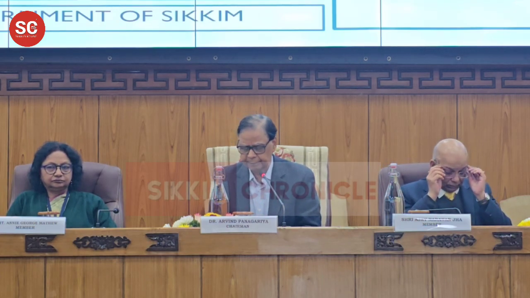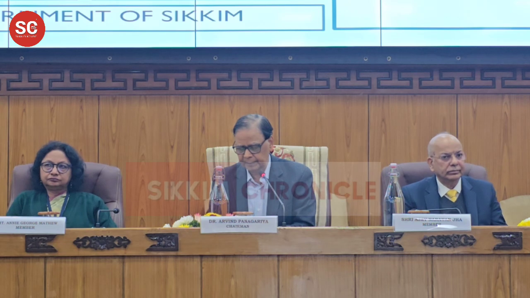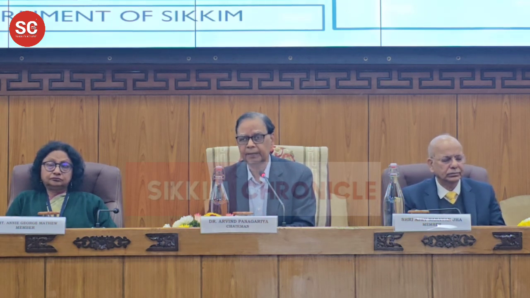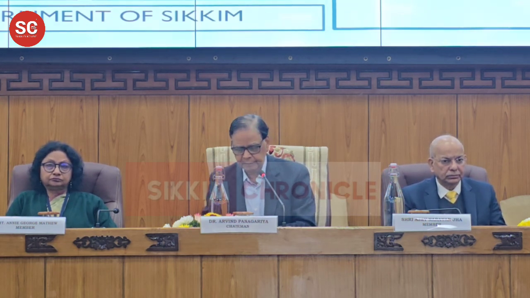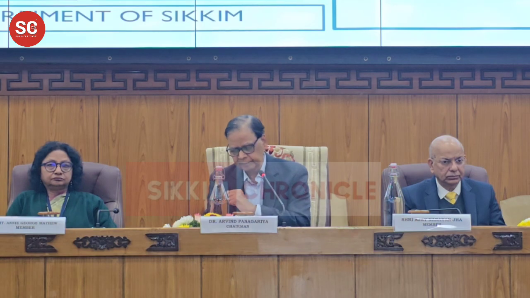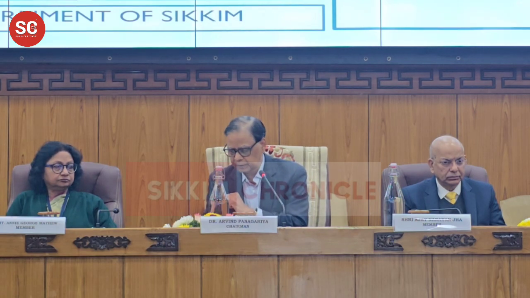So 45% of the divisible pool, the share of the states, was allocated based on the income distance criterion by the 15th Finance Commission. The Sikkim state's recommendation is that we reduce it from 45 to 25%.